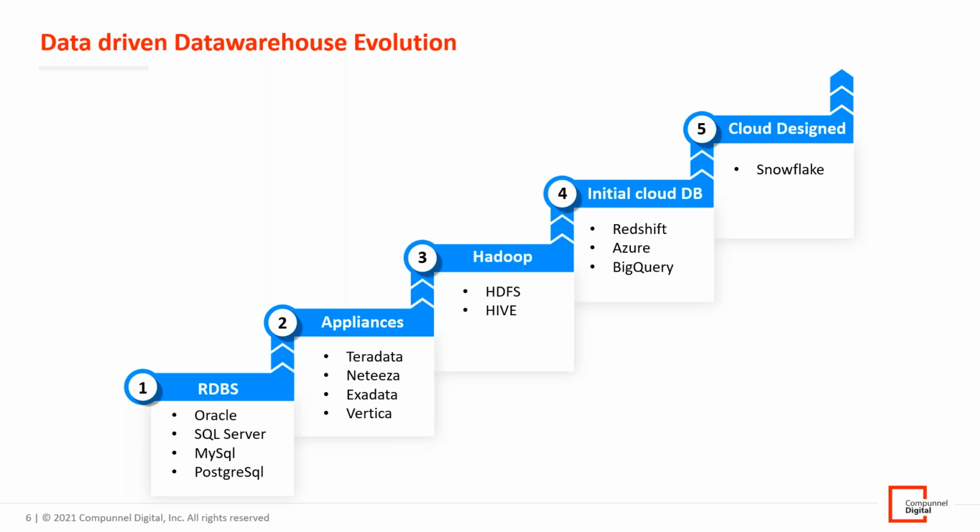And then in 2005 or 2006, Hadoop kind of systems were introduced to the market. Hadoop is the best one, and it supports big data initiatives very well. The HDFS file system, Hive, and the Hadoop ecosystem are the best suited for big data initiatives, and it was a big hit.